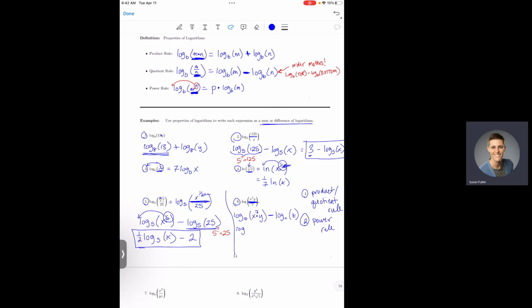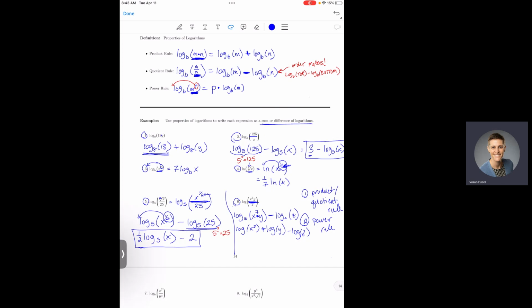So this is going to be log of x to the 7th plus log of y minus log of z. This multiplication turned into addition outside, and they each get their own separate log with the same base. Again, unwritten is understood to be a 10. Write it in if your brain likes that better.